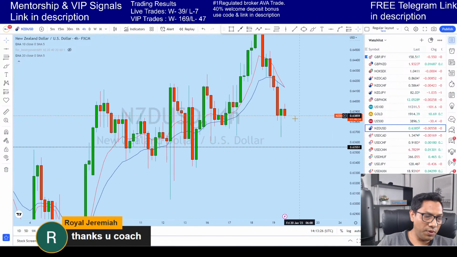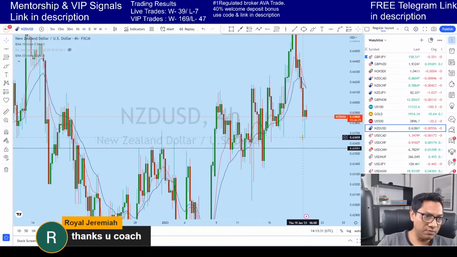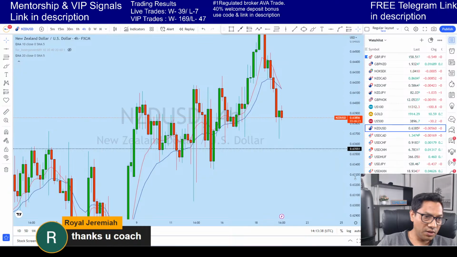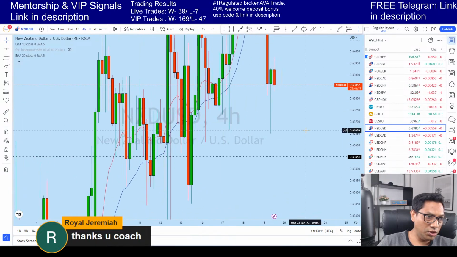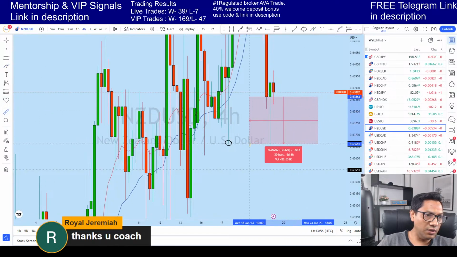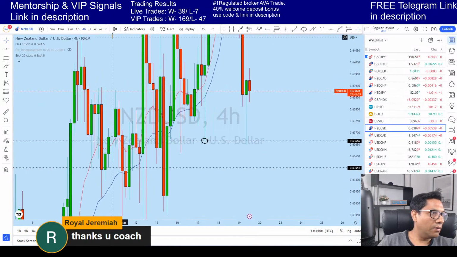It has formed a long pin bar, which is now already overextended past this doji. You see it has broken the low of this doji, created an overextension. I think a bullish trade will be a very suitable entry for NZD/USD, as it has grabbed liquidity from this support here. Around this zone NZD/USD will be a good trading opportunity for me.